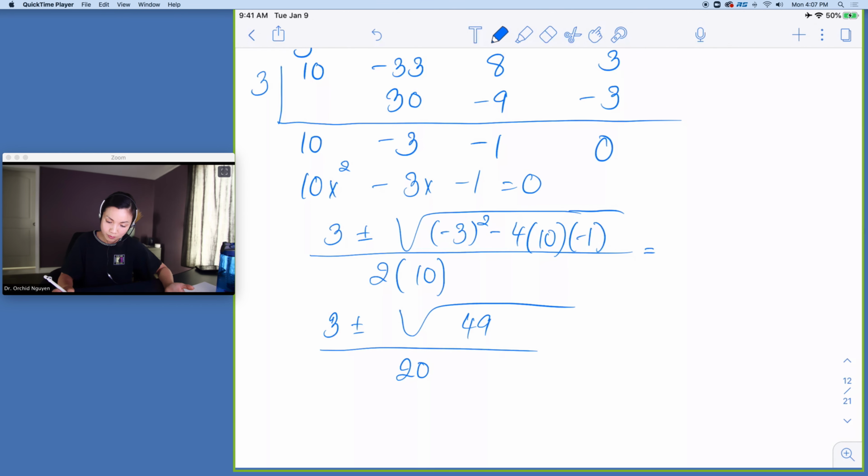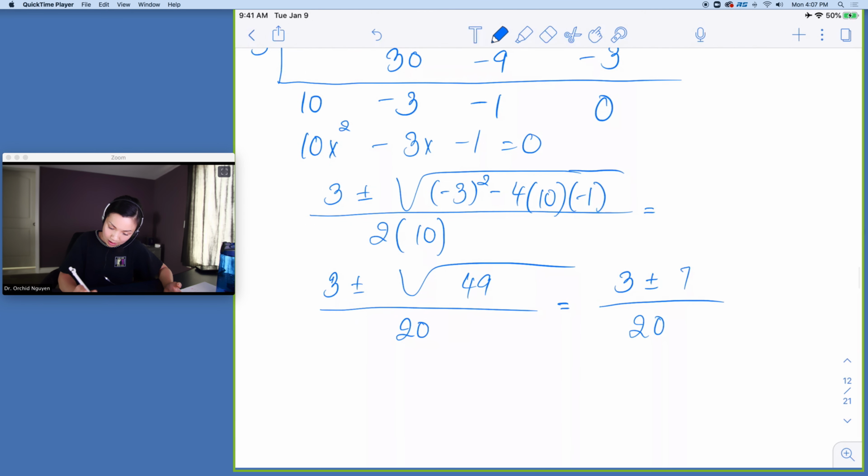Oh, okay, so 49 is 7. Square root of 49 is 7. So 3 plus and minus 7 over 20. So I have either 10 over 20, which is 1/2, or negative 4 over 20, which is negative 1/5.